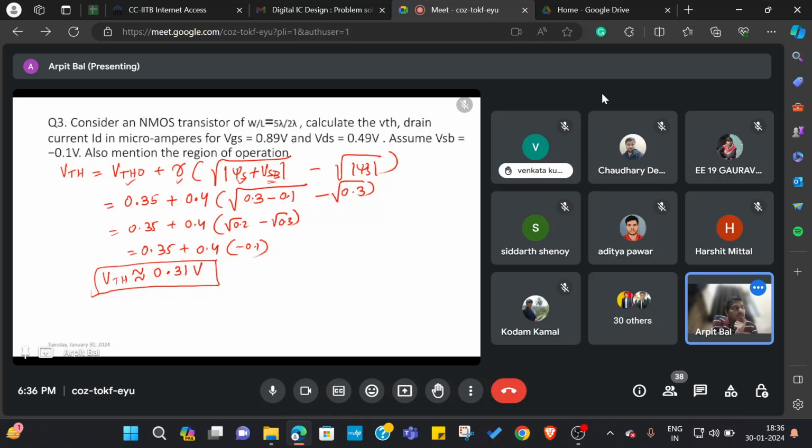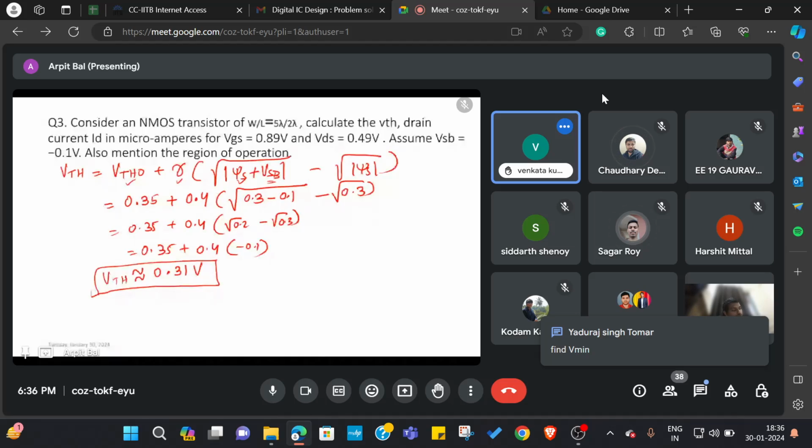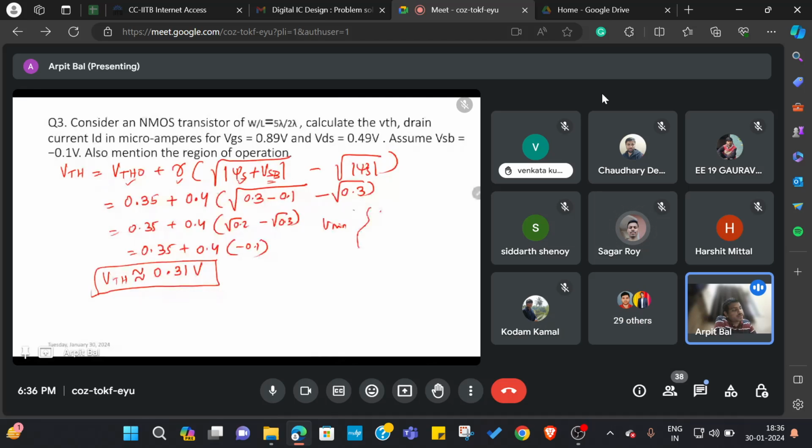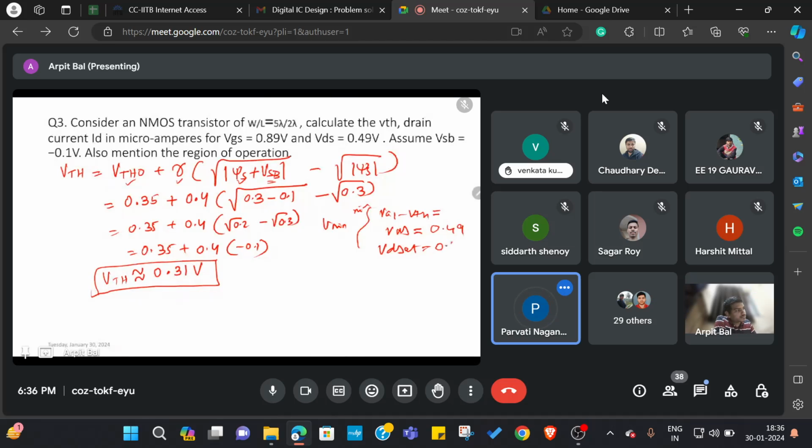Can anyone tell me what should be my next step? Finding V minimum. Correct. For finding V minimum, we need to figure out the minimum of VGS minus VTH, VDS and VDSAT. VDS is given to us, it is 0.49. Can someone compute VGS minus VTH? 0.58. Yeah, that's correct.